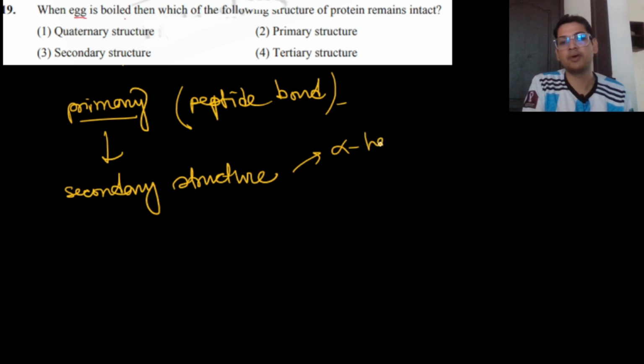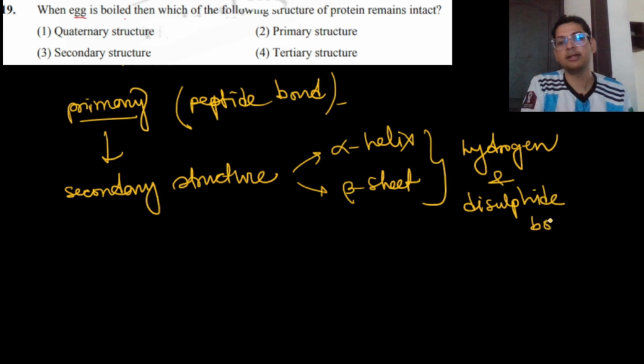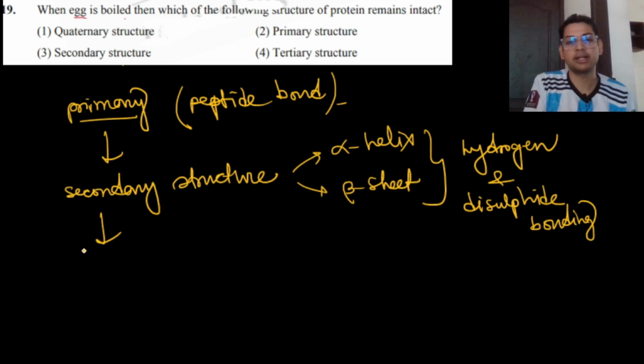One is called alpha helix, one is called beta sheet, and it happens due to hydrogen bonding and disulfide bonding. Then from secondary you get the tertiary structure.